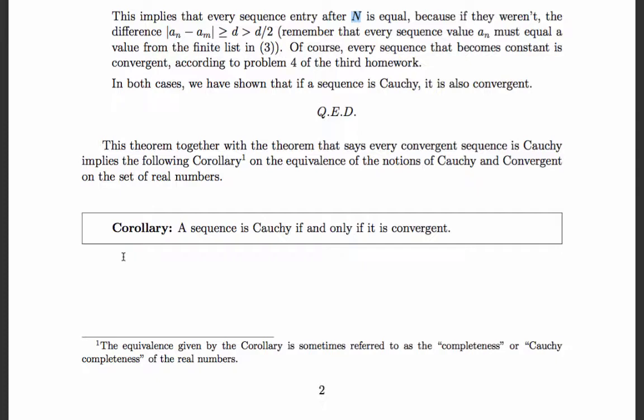So we completed, you can't see me making air quotes, but I'm doing it right now, the real line by adding the axiom of the least upper bound property. That is, every non-empty set on the real line that is bounded from above has a least upper bound.